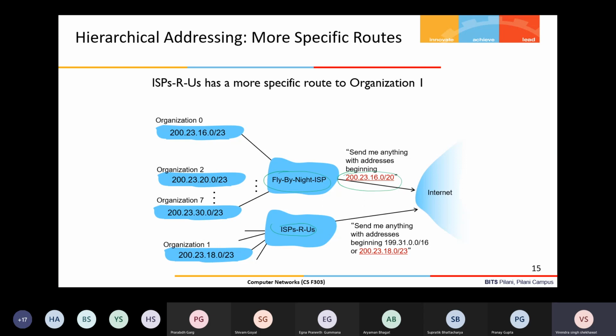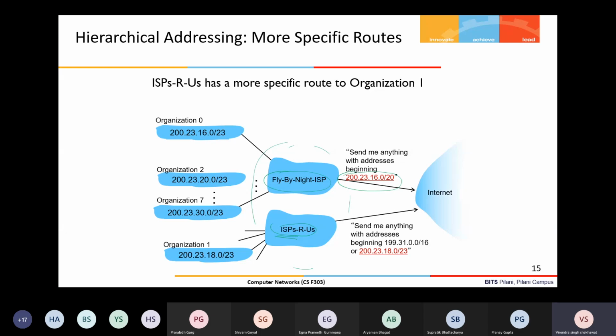It has purchased or acquired this thing. So organization 1 has shifted to this new ISP, which is actually the same organization, but because it is a different company, it is still showing with this, since their entire infrastructure has been taken over.